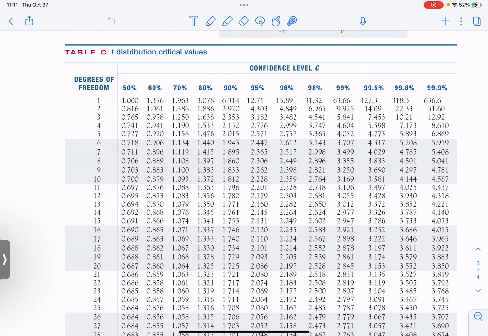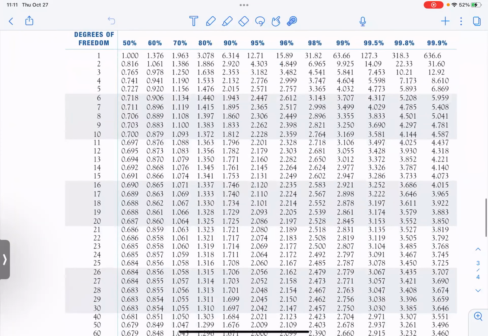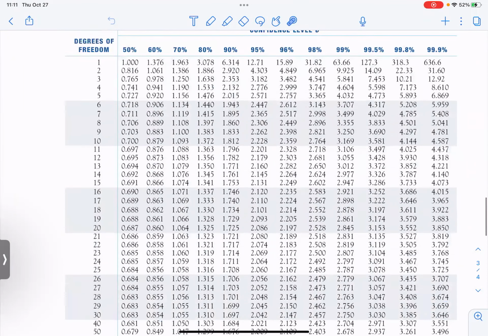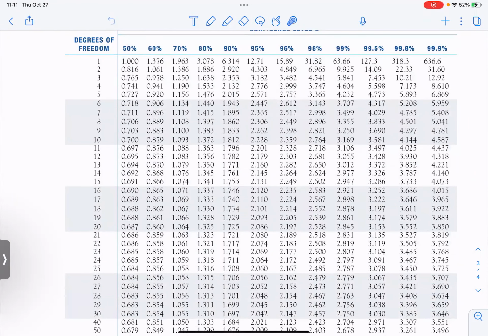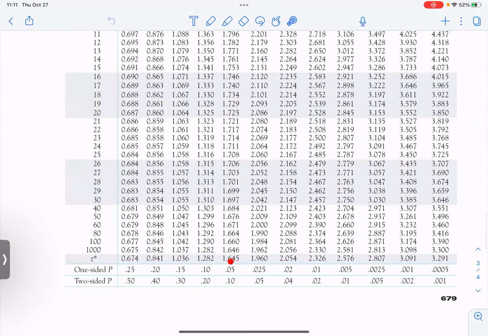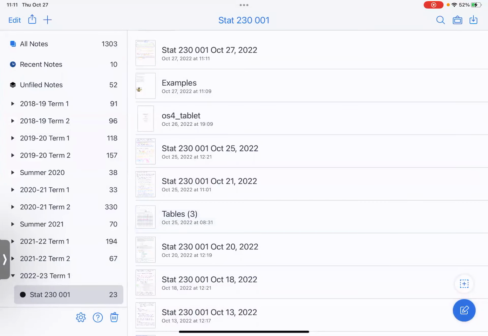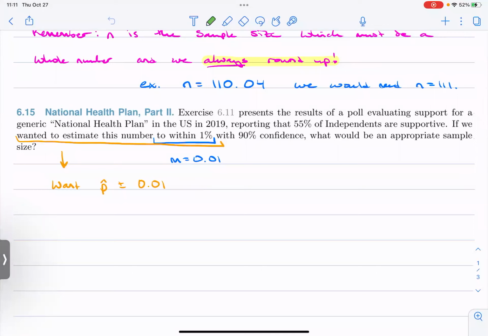Just the core ones: 90, 95, 98, that kind of thing. Okay, so 90 has a Z star of 1.645.